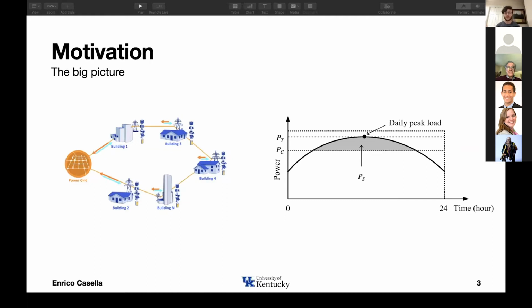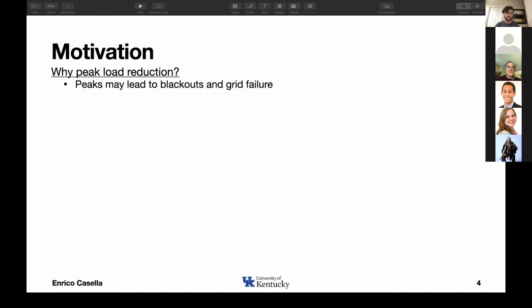There can be a situation in which we see a peak of demand, and that can be concerning for different reasons. So the goal of the paper is to reduce this peak and basically reduce the demand of all the houses. The key term to take away is peak load reduction.